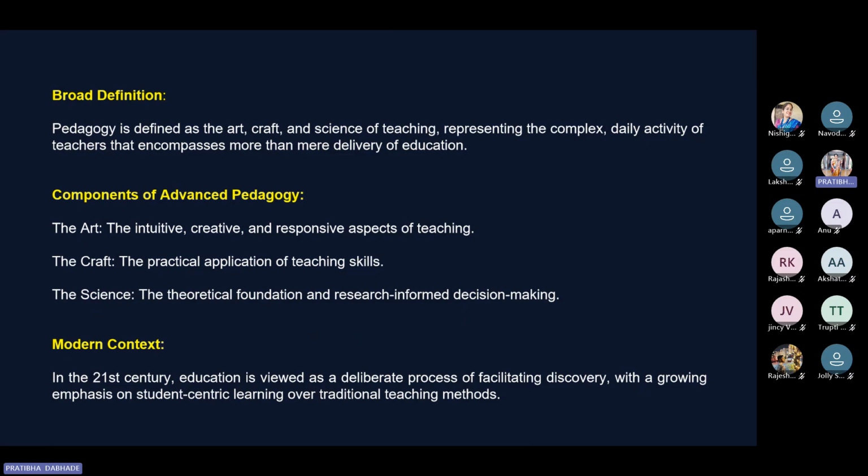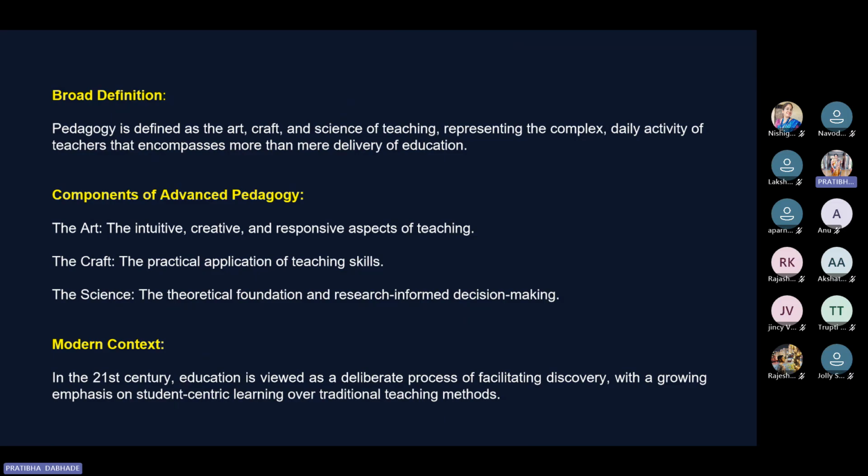So instead of only focusing on the delivery of education, basically three components are there, and nowadays we are talking about advanced pedagogy, and these three components are in it: the art, the craft, and the science.